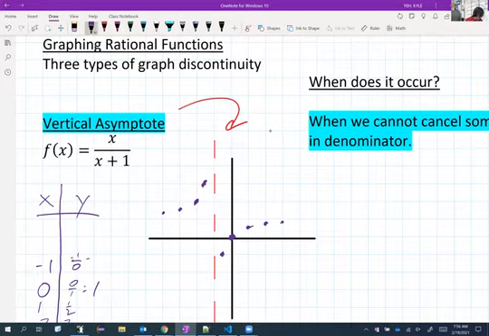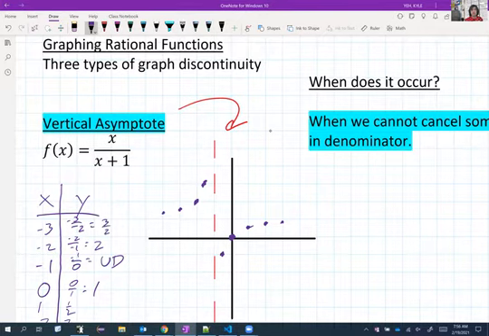So that is going to be undefined. I plugged in negative 2. We get negative 2 over negative 1, so positive 2. Plug in negative 3, we get negative 3 over negative 2, so positive 1.5, 3 halves. And those are the points that I have on my graph, plus a couple extras.